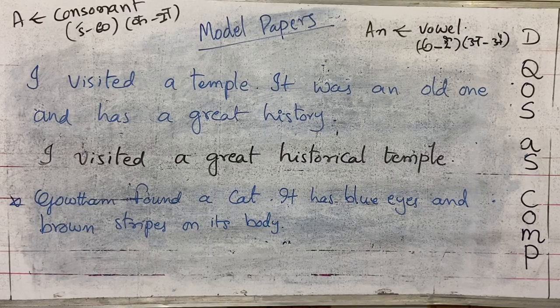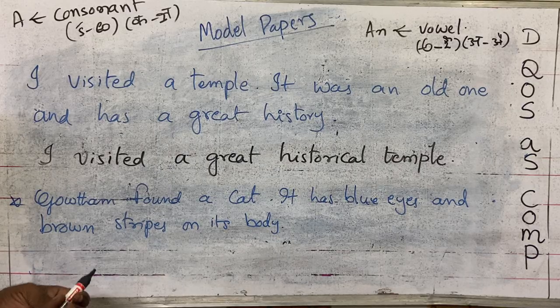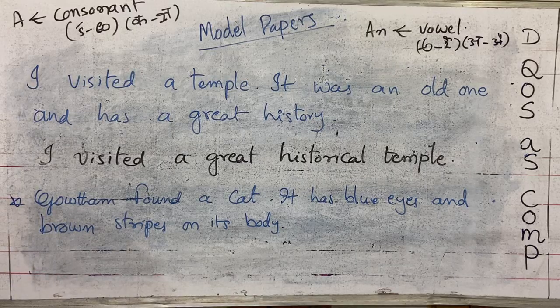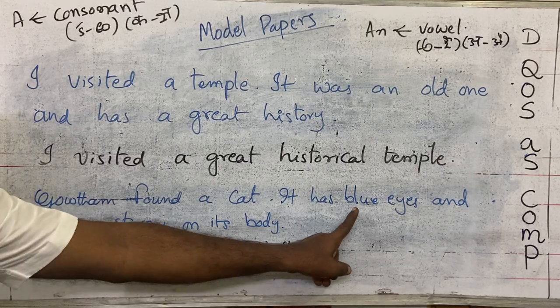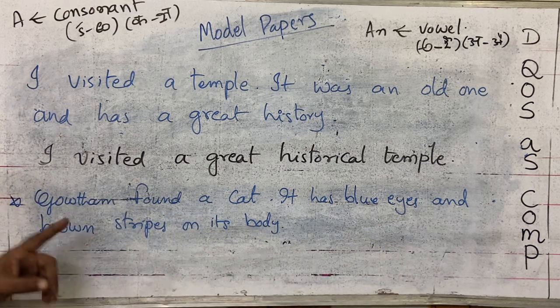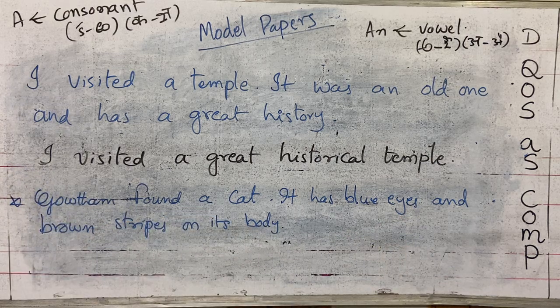How is the cat? It has blue eyes and brown stripes. So now we are taking those colors as they are. It is a blue-eyed and brown-striped cat. You can take it like that.